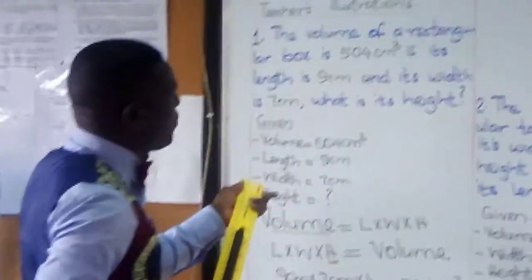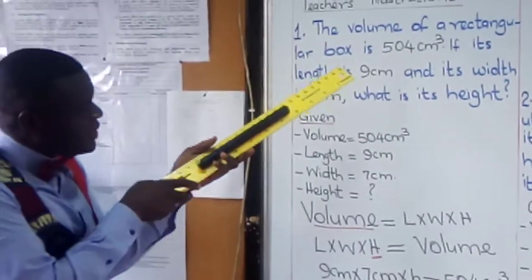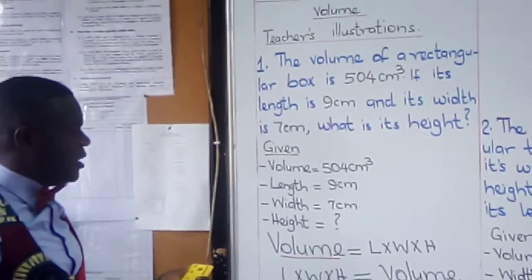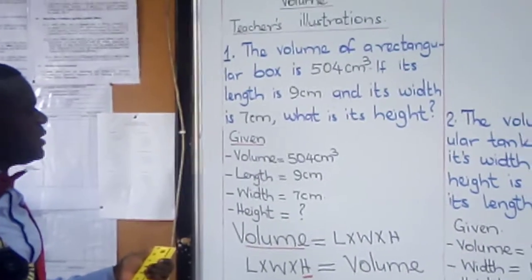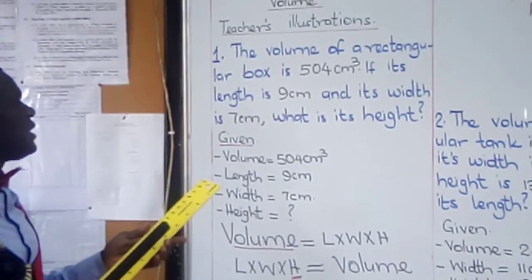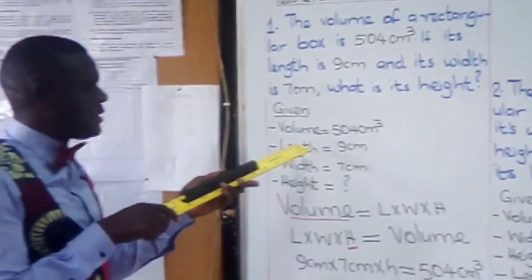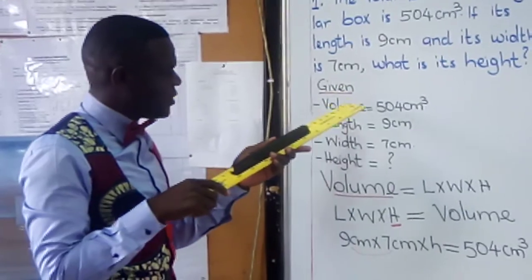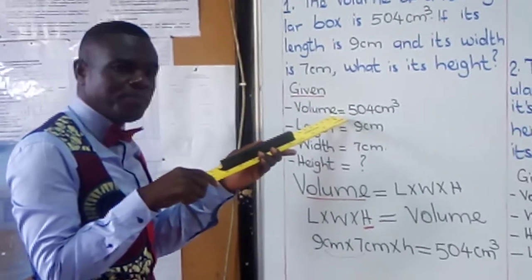Boys and girls, I would like us to repeat and see what we did. That is the question as I read it earlier. Then, what did the teacher do? The teacher extracted some information from the question. What are we given in the question? We are given the volume.